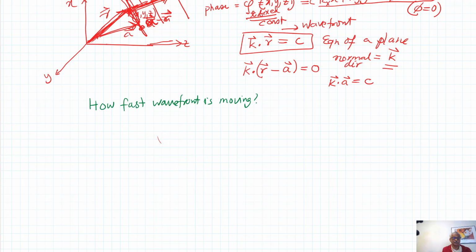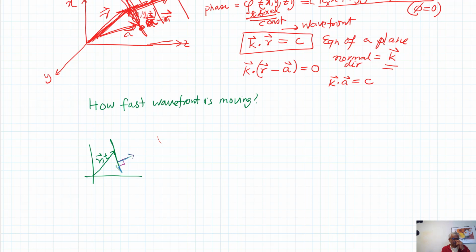So if I have a wavefront like this, and some arbitrary r, and at some time t, the wavefront is here, and it's moving in that direction, right? 90 degrees to the wavefront. Okay, so this is the wavefront, it is moving 90 degrees to the wavefront.